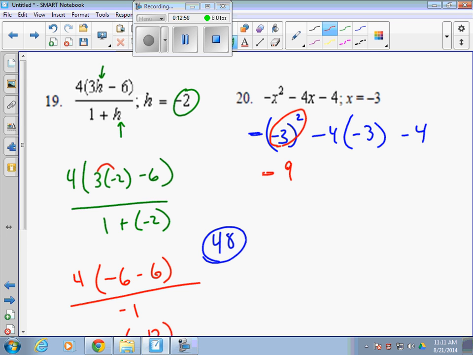I say that because I'm teaching my Algebra 1 class right now, and that's a mistake that always comes up. So you have negative 9, negative 4 times negative 3. You can do that at this step because it doesn't affect the other part. Negative times a negative is a positive 12 minus 4. Then you just have addition and subtraction to take care of on the last step. Negative 9 plus 12 is 3, and 3 minus 4 is negative 1 to finish it up.